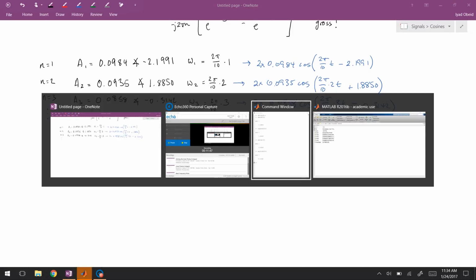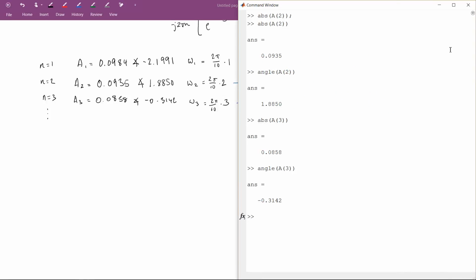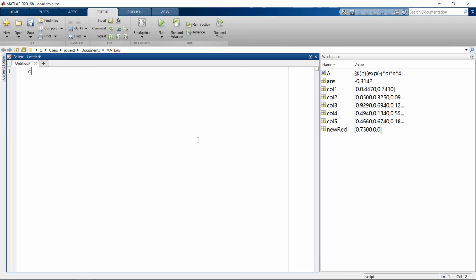So let's go back to MATLAB, and I'm going to open an editor. All right, let's clear. So x equals 0, t equals linspace minus 20 to 20. Stick a whole bunch of points in there.